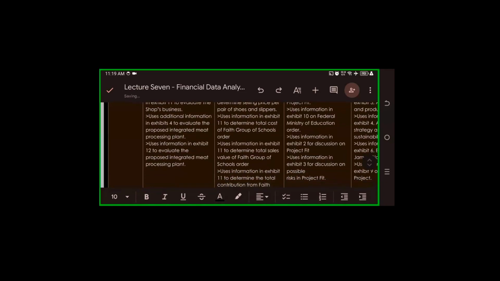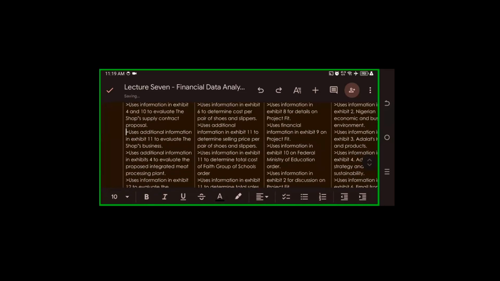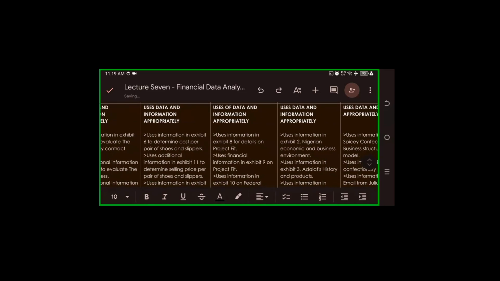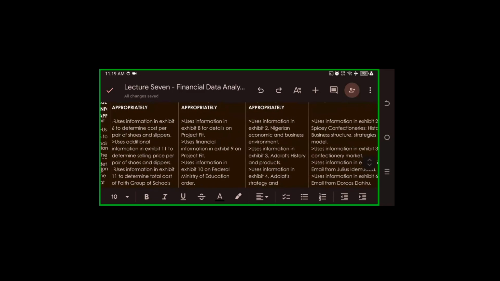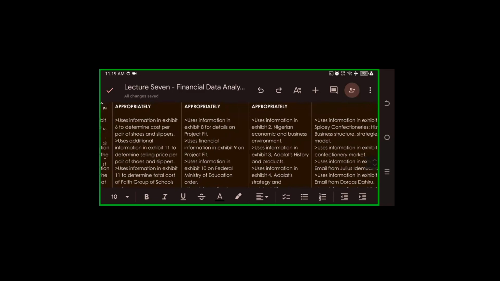Uses information in Exhibit 12 to evaluate the proposed integrated meat processing plant. And if you see all the diets here, the use of data and information talks about using information in those exhibits that relates to the requirement.